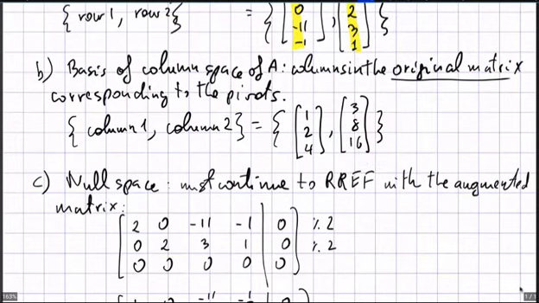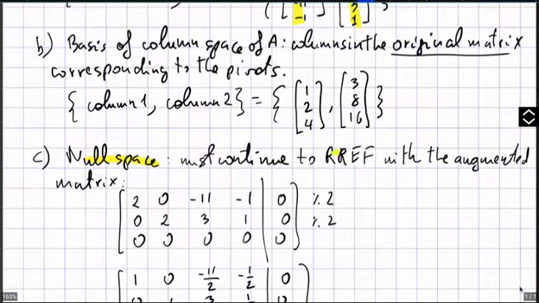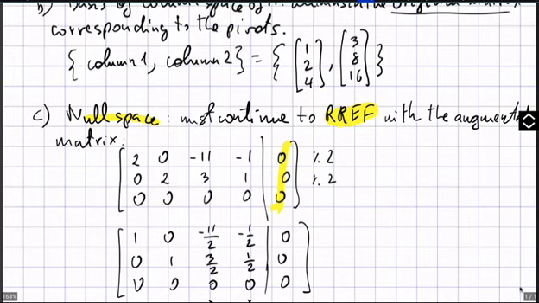Finally, the null space. Null space is the set of solutions to the homogeneous system. So unfortunately, we have to continue to the full reduced row echelon form, and with the augmented matrix where you have zeros on the right hand side, since this has to be the homogeneous system with 0 right hand side.